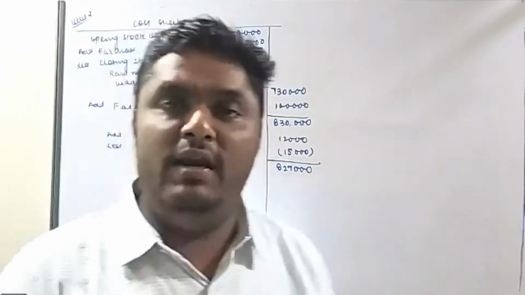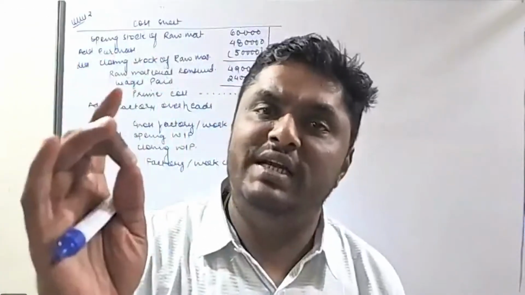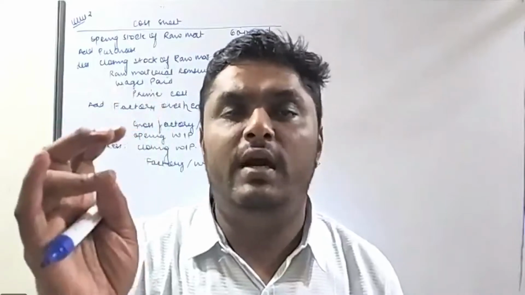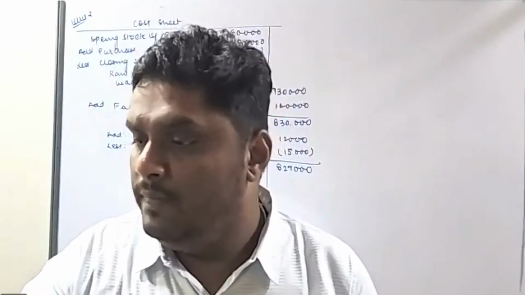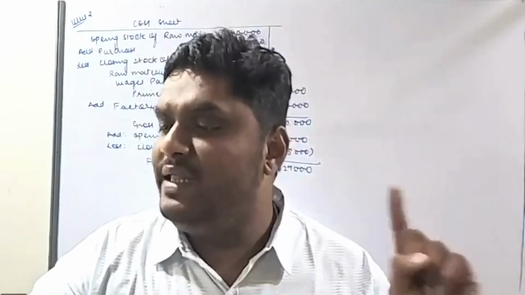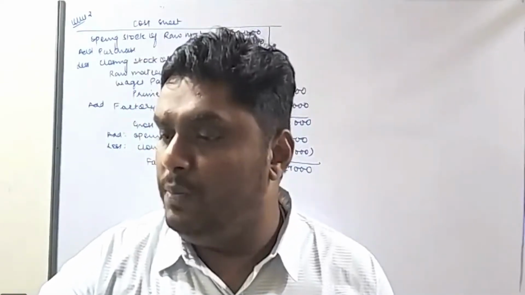So in this again, quality control cost, research and development cost, administration overhead related to production, primary packing cost, and less credit for recovery. So let's check whether these items are given or not. Only one item is given, that is administration overhead related to production.